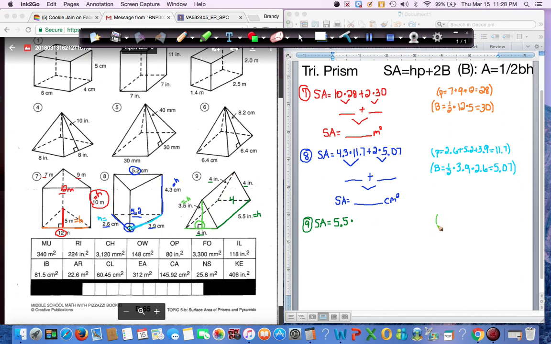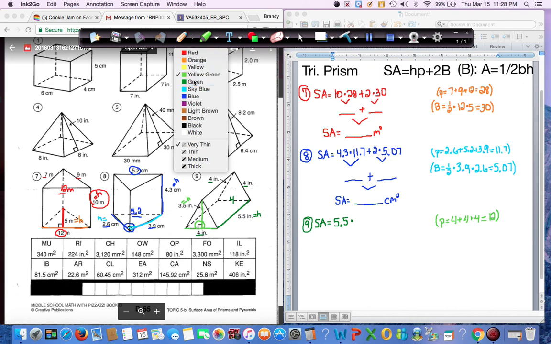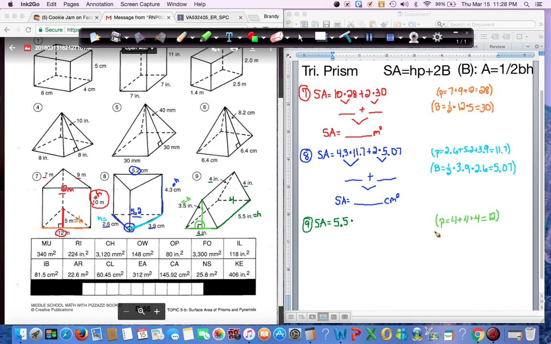Alright, equals, and since it's equilateral, you could just say 4 times 3, and I'd be okay with that too. 4 plus 4 is 8, plus 4 more is 12. So the perimeter of my triangle is 12.